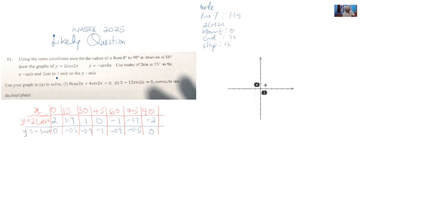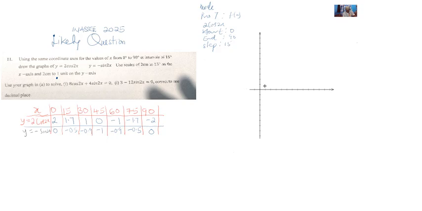On the graph, we are going to enter the values from 0 up to 90. So let's do the entries. Let's assume this is our graph. We are using 2 centimeters to 2 units.